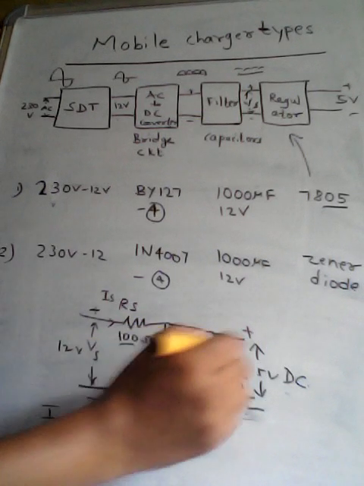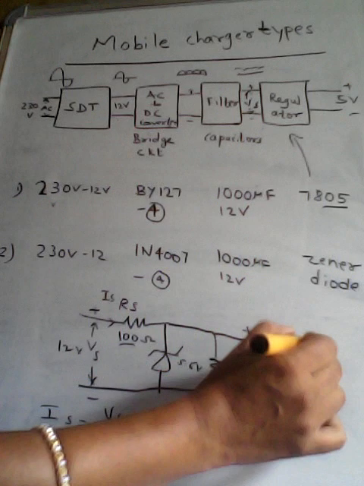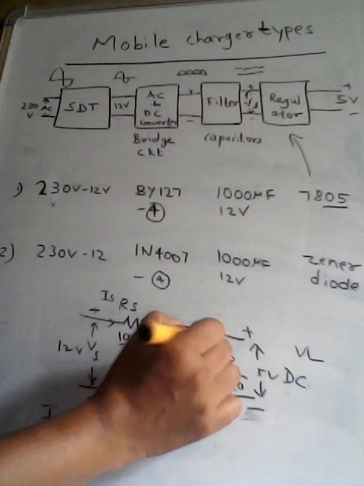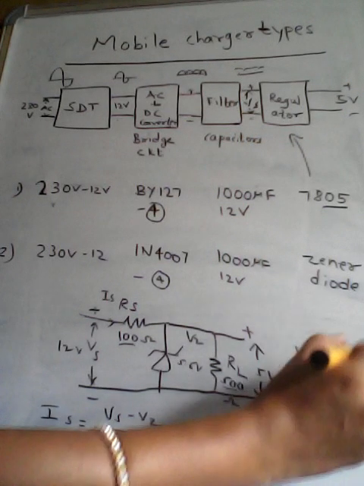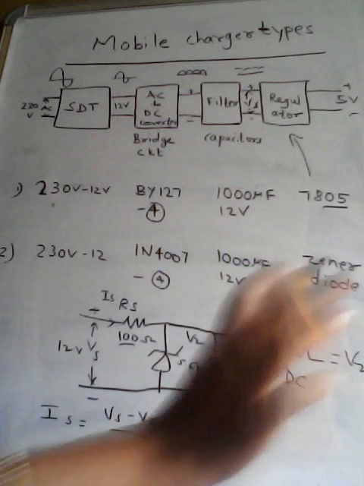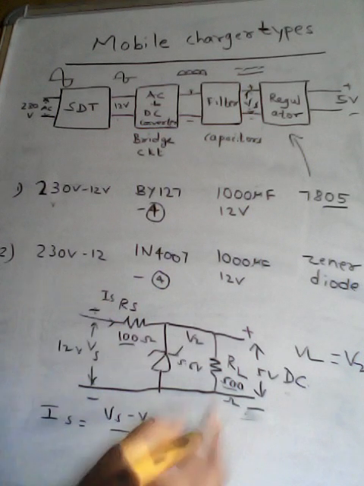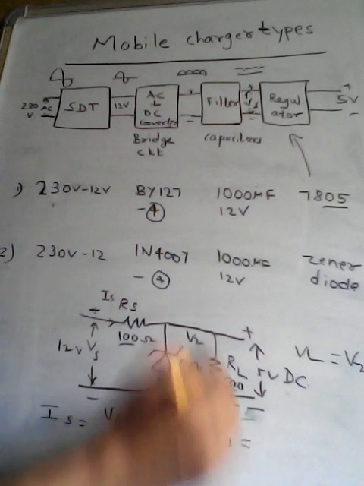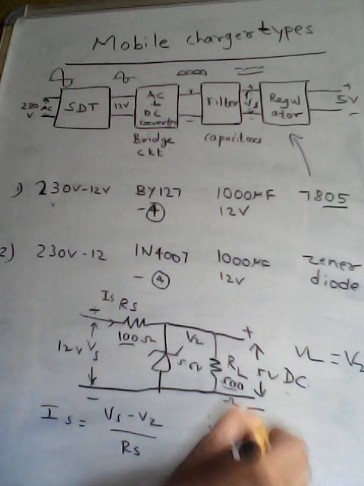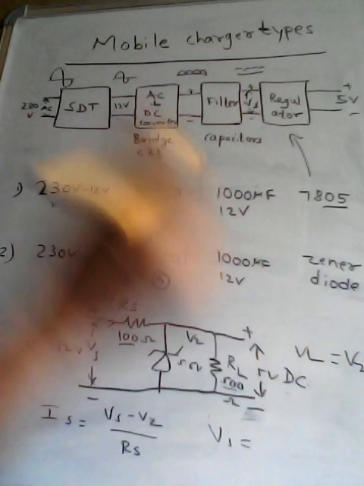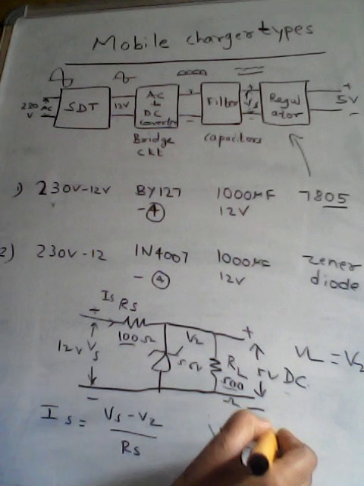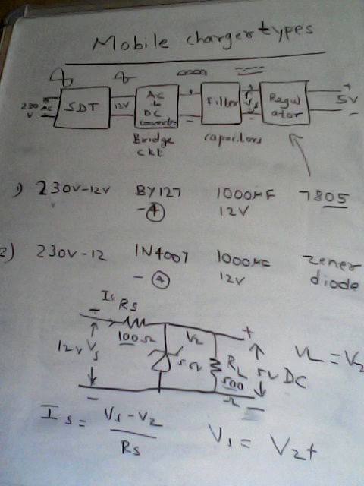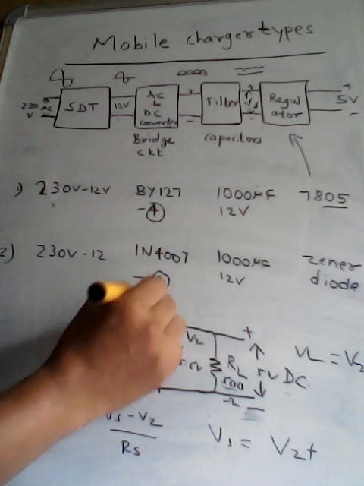So VL is this voltage, and that will be equal to this voltage, that is Vz. So VL equal to Vz, that is equal to 5 volts, whereas Vs, if we consider Vs, that will be equal to Vz plus the voltage drop across this, if I take this as V only.